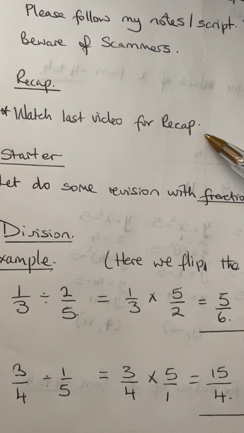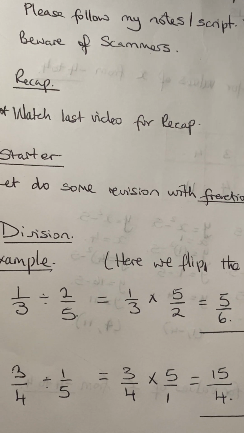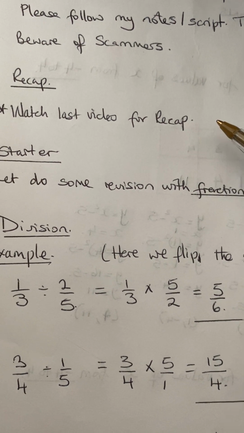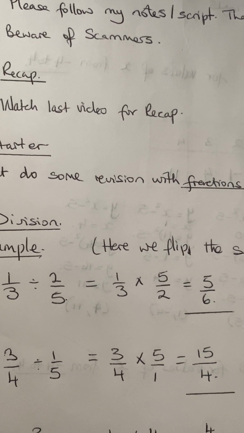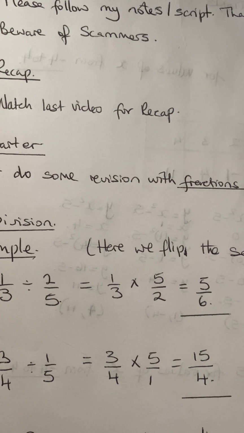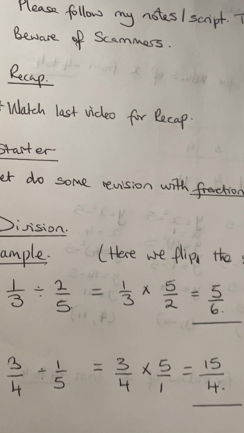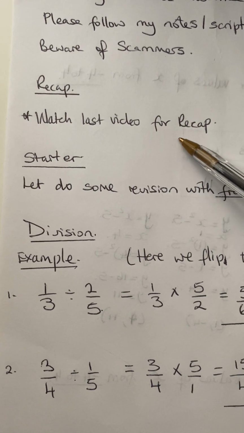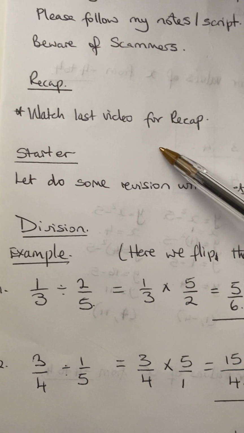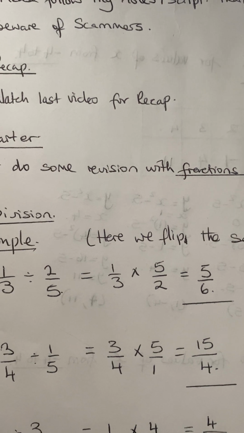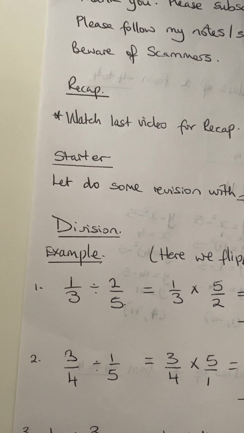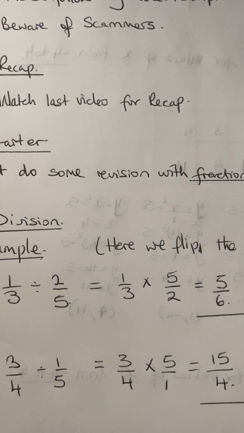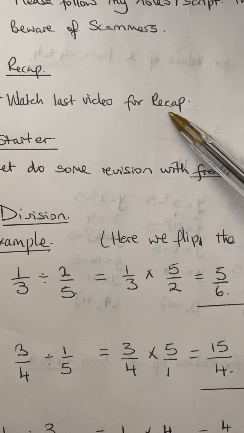If you think it's 54 degrees, as in angles, and the question comes and you write that, then you'll be wrong. So follow my note, because as I'm explaining, I'm showing you along. Watch last video for recap.